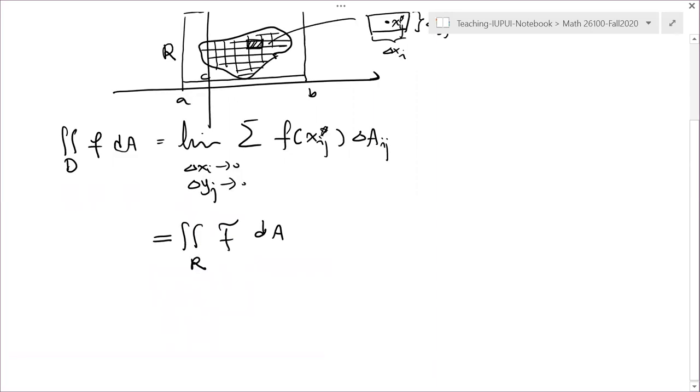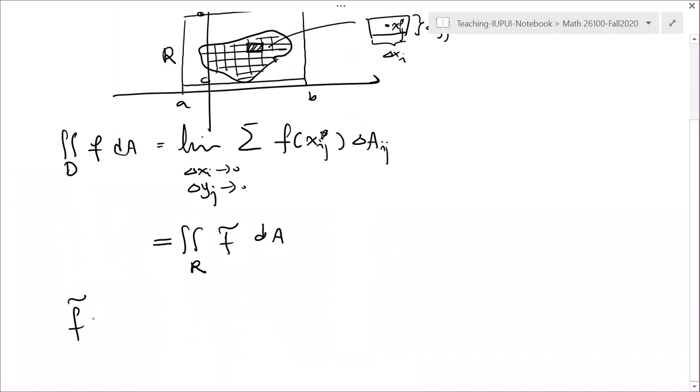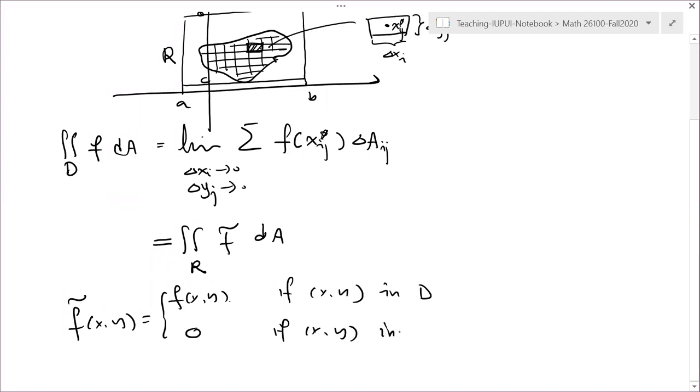What is f2? f2 must be defined on the whole region, right? So if a point is in D, f2 equals f; otherwise, outside D but inside the region, we set f2 to be 0.